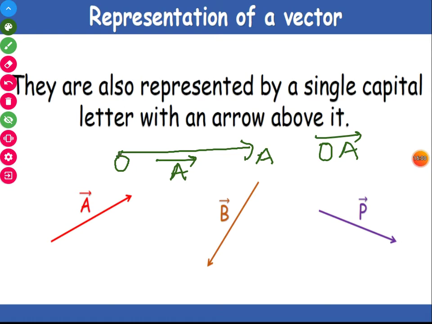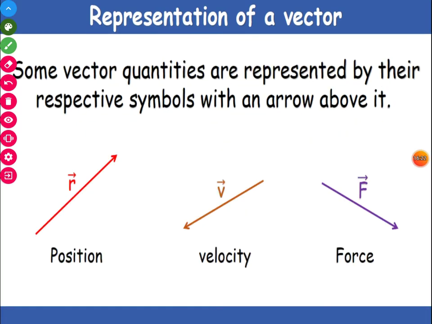In the same way we can represent it by a single capital letter, or we can represent it from the origin to the point. It may be OA, OB, OC, whatever, and it can be represented by a single letter also. So both are the same.